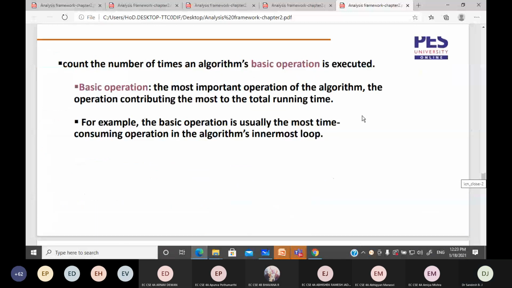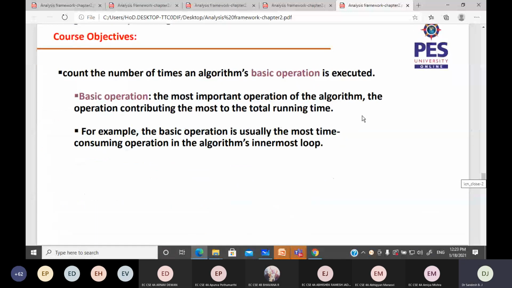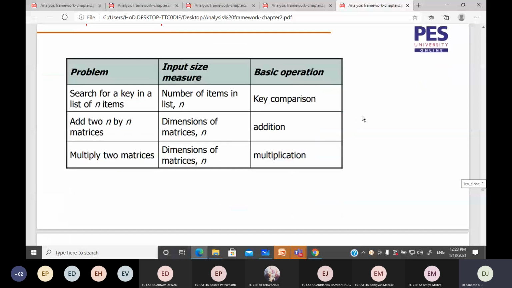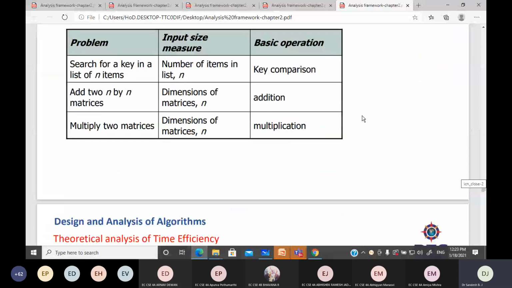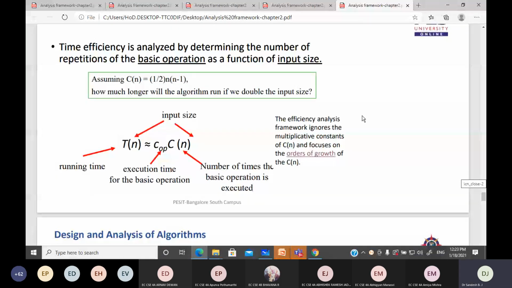So count the number of times the algorithm's basic operation is executed, then T(n) is given by c_op into C(n), where T(n) is the running time, c_op is the execution time for the basic operation, and C(n) is the number of times the basic operation is executed.